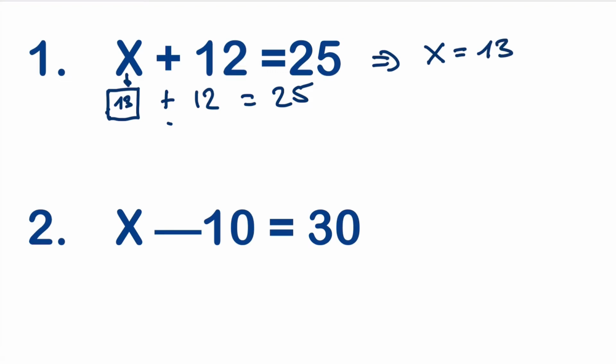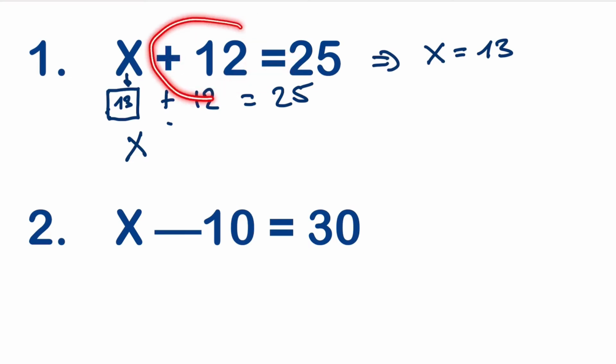So x is 13. But another way of solving it for a linear equation, if we have x, which is our unknown, and we need to look for x, this is plus 12. This plus 12, when it crosses the equal sign, the sign needs to change. If it is plus, the sign will change to minus.